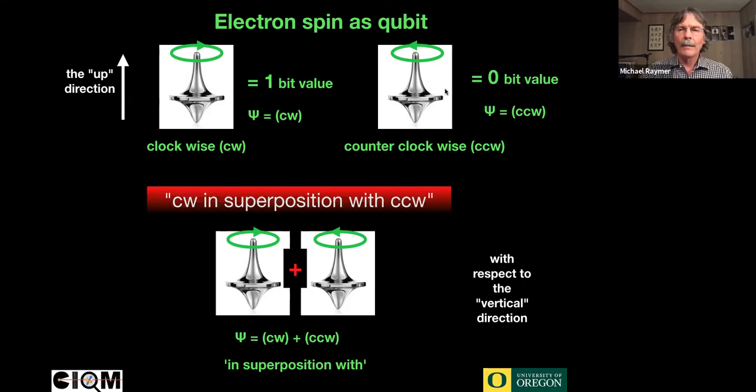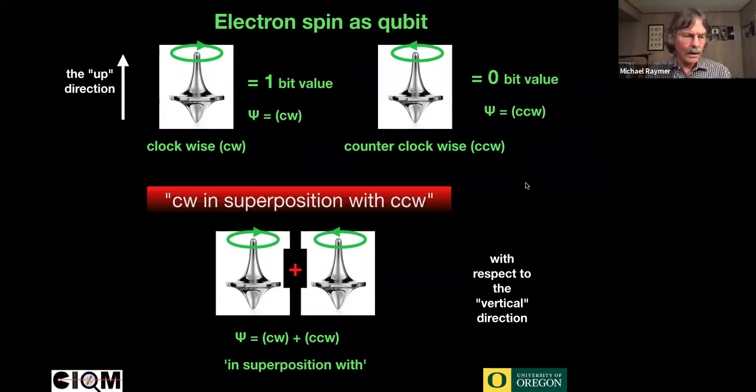And I'm going to define a counterclockwise spin electron to represent a 0. So if I send you a sequence of electrons, and if you could measure their spin, and each one was counterclockwise or clockwise, you could then decode the sequence of zeros and ones that I sent to you.